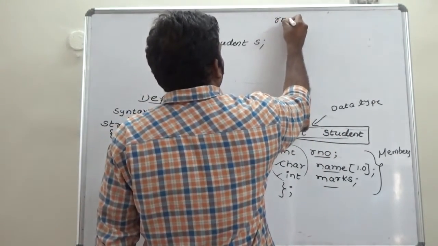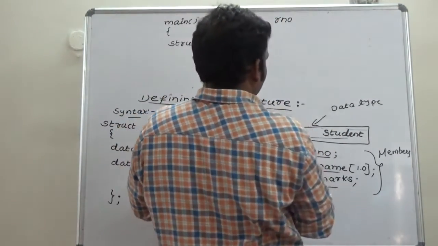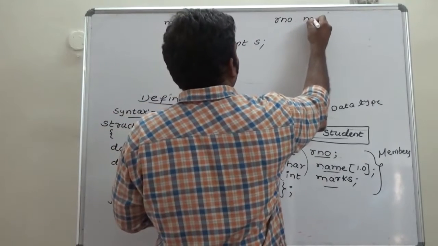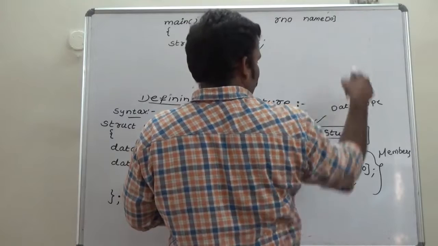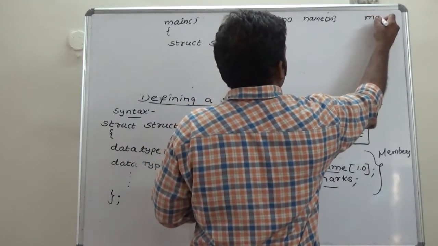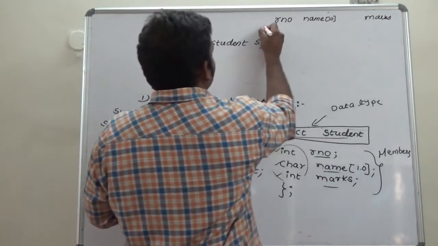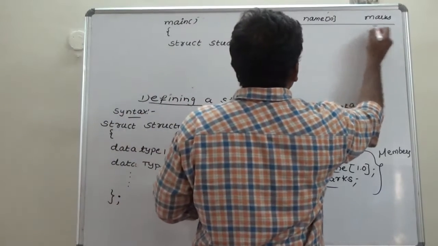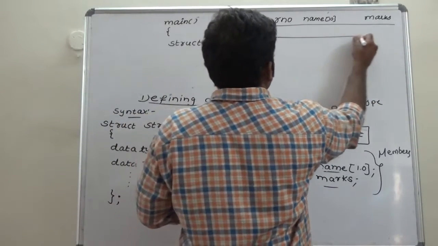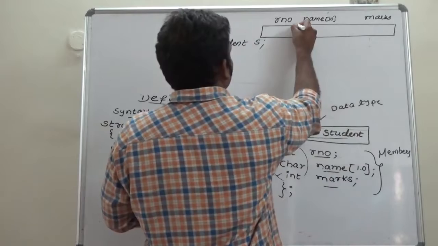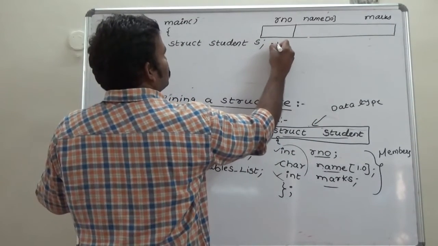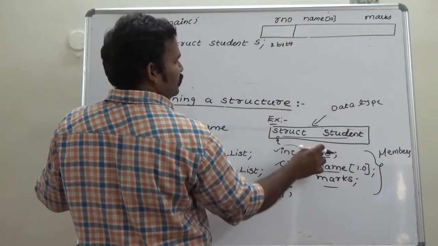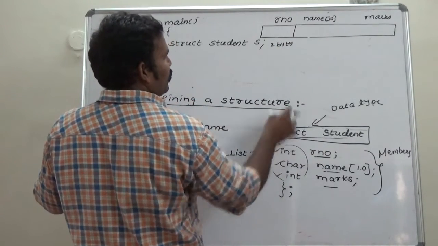Roll number, name of 10, next marks. For the roll number variable, how much memory is allocated? 2 bytes.